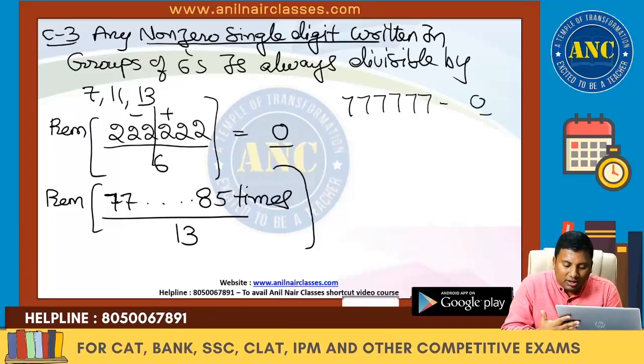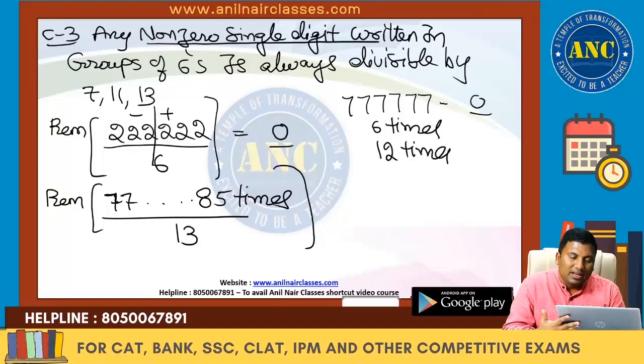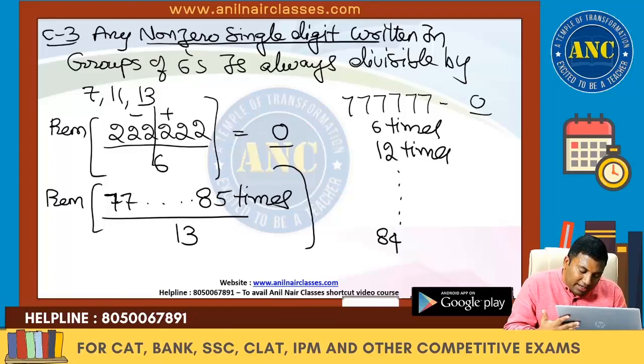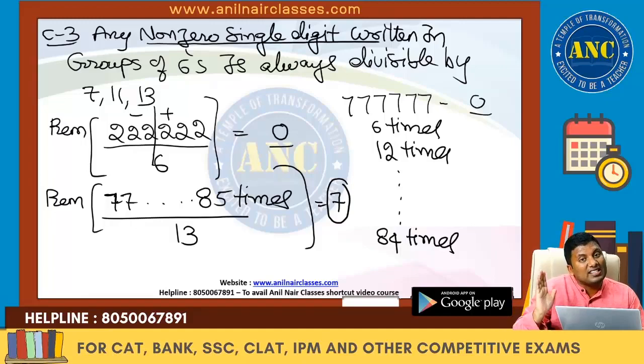So 6 times it is 0. Not only 6 times, but any multiple of 6 times it is 0. 12 times it is 0, and so on up to, what is the multiple of 6 till 85? 6 14s are 84 times it is 0. What is the remaining? 1, 7 is left. I hope the divisibility rule for 7, 11, 13 is clear.